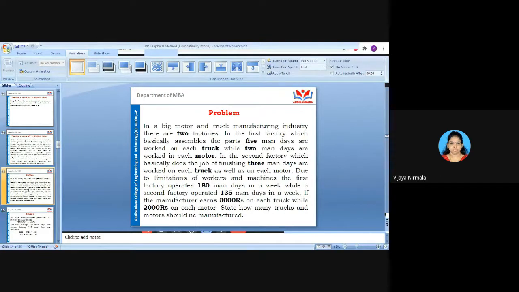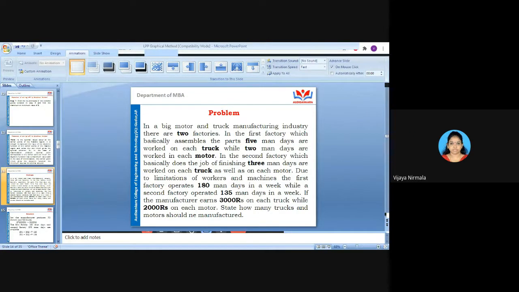Now let us see the problem. If you see this problem, it will be easily understandable. So I'll start telling the problem. Just please understand carefully. In a big motor and truck manufacturing industry, there are 2 factories.